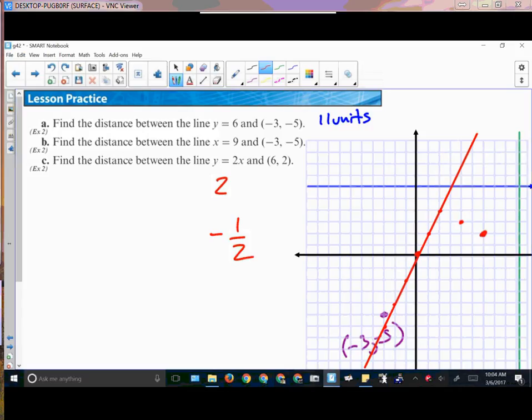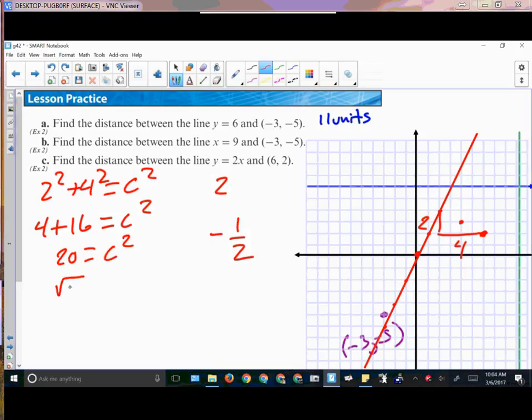Hey, it hit it. So how far down does it go? And how far over does it go? Oops, I was right at the beginning. So it goes down 2 over 4. So that means it's 2 squared plus 4 squared is equal to c squared. 4 plus 16 is equal to c squared. 20, I said 20.